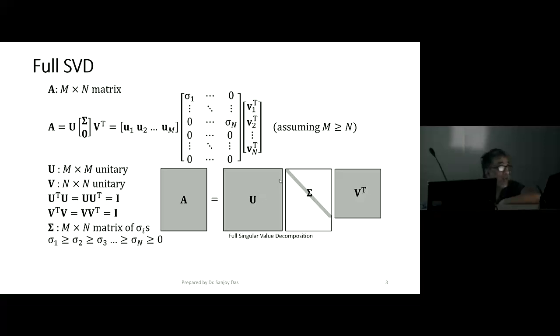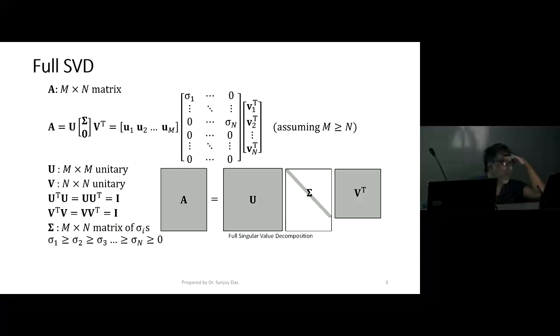Sigma 1 is the highest, then sigma 2, then sigma 3, all the way until sigma n. And all of these sigmas will be greater than or equal to 0.